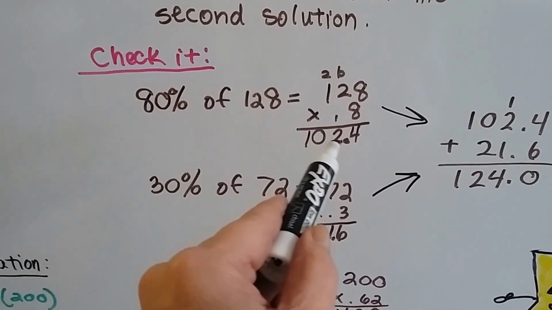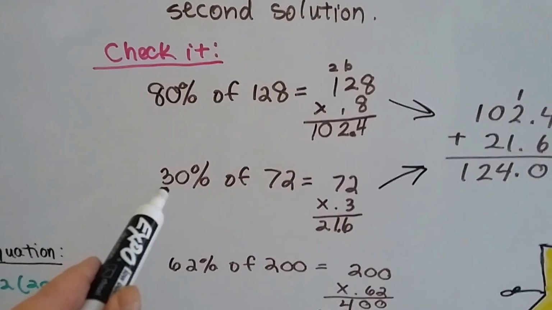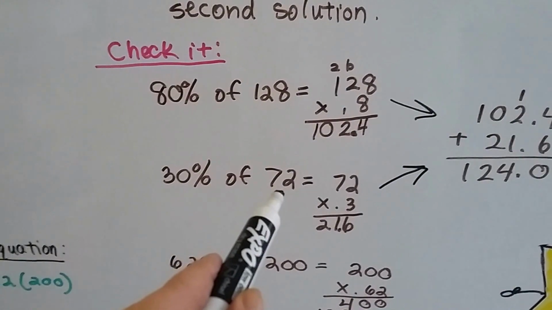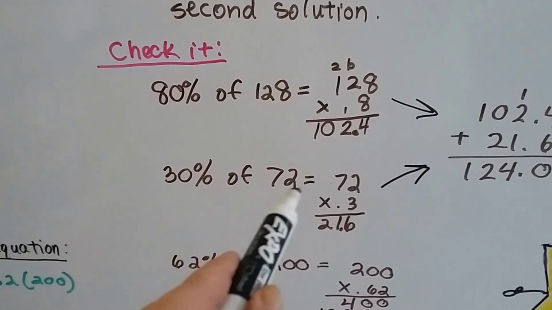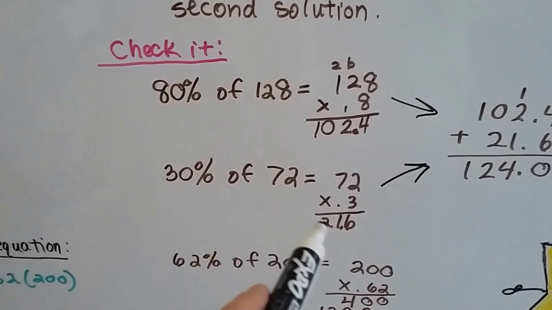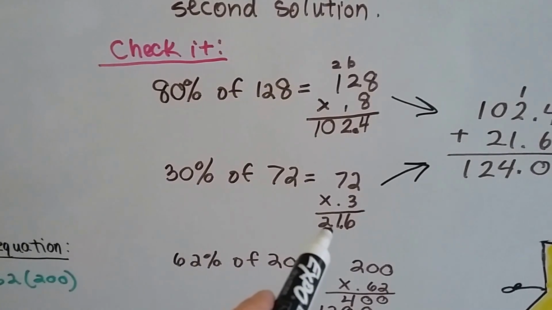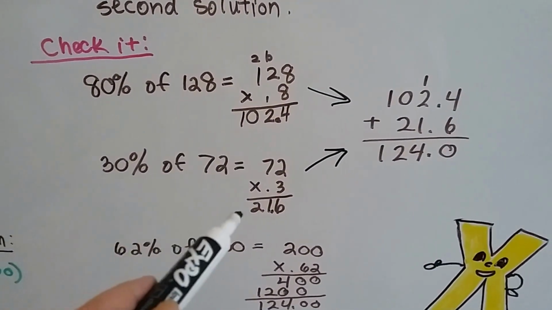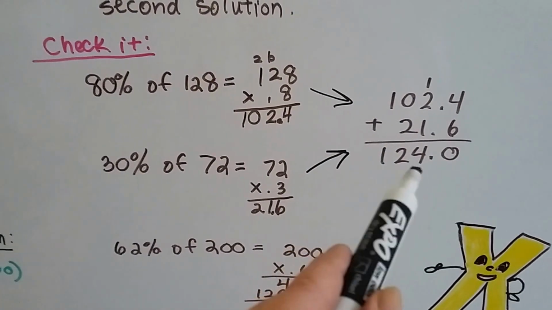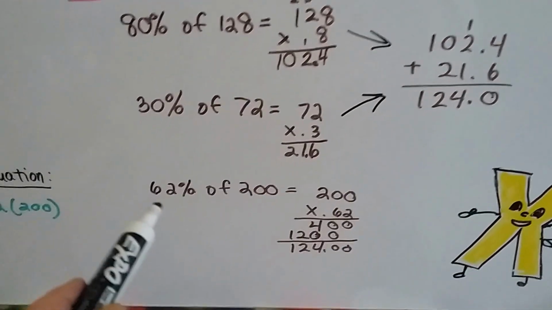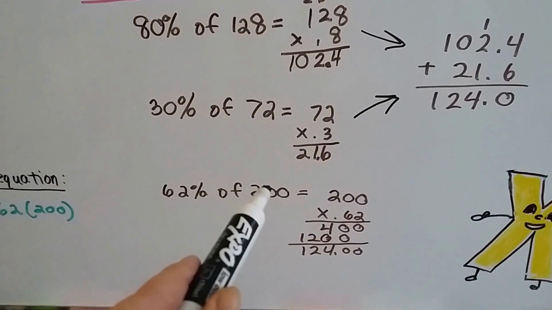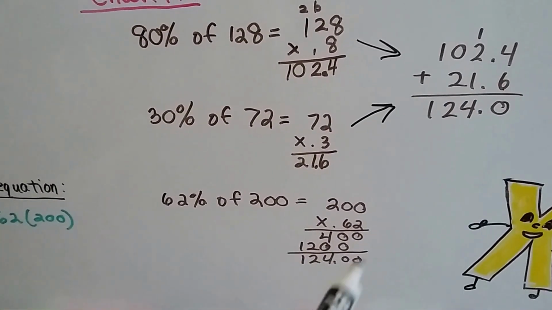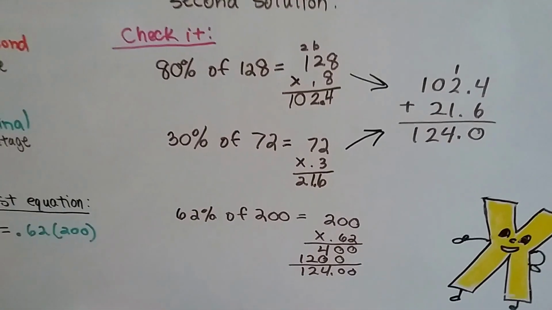It comes out to 102.4. We multiply 30% times 72 to find 30% of 72, and that multiplies as 21.6. When we add the 102.4 and the 21.6, we get 124. And 62% of 200 is 124. They match, so we know we got it right.